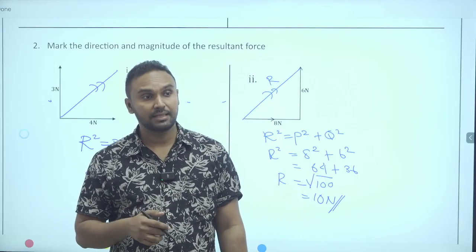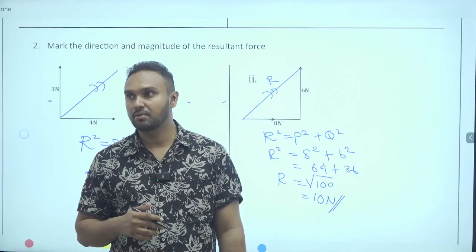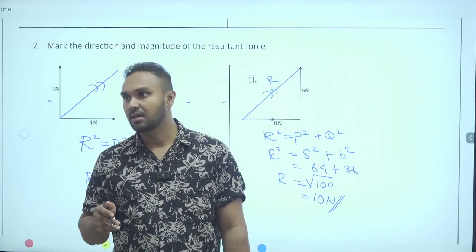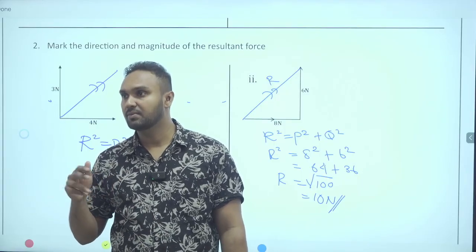So in an essay or a structured essay, you definitely have to put the equations, because most of the marks are given for the equation.